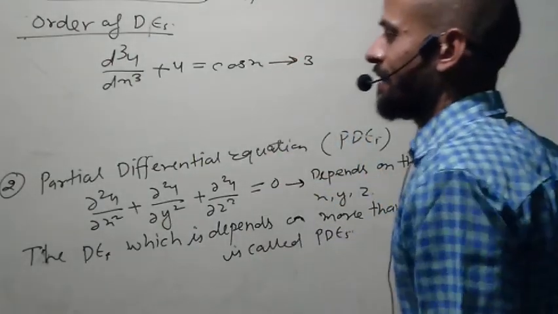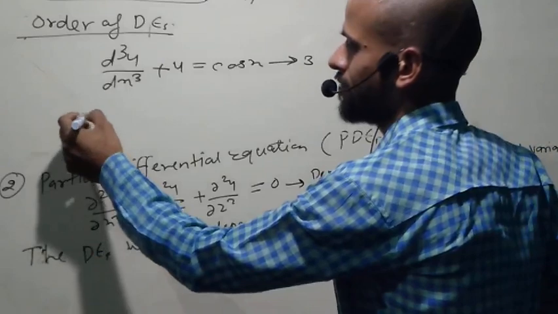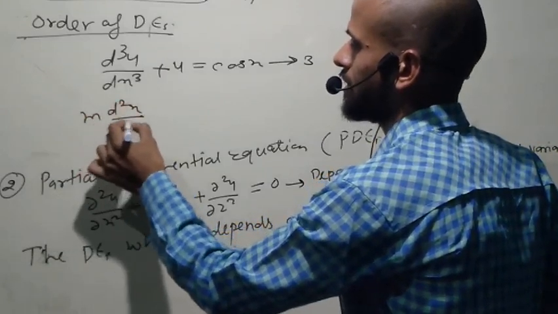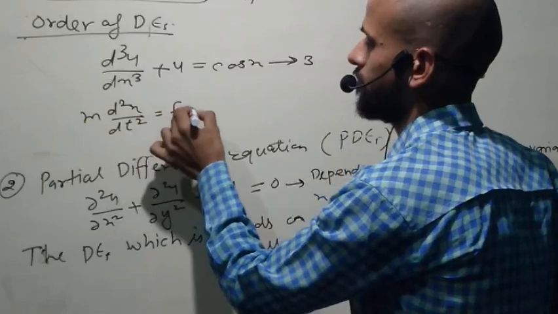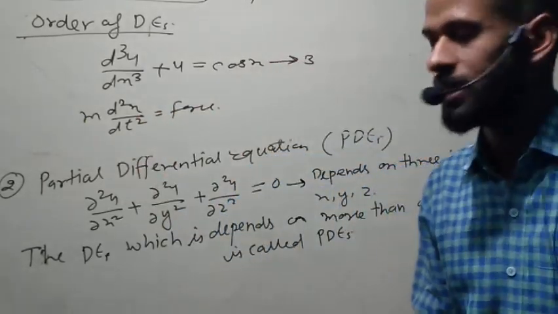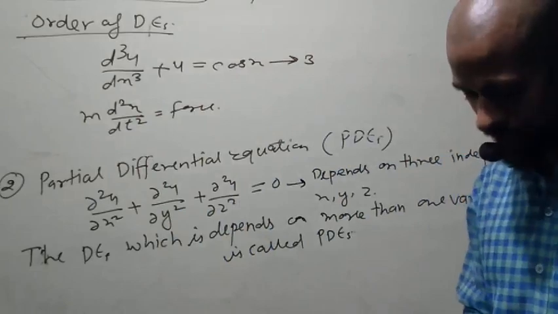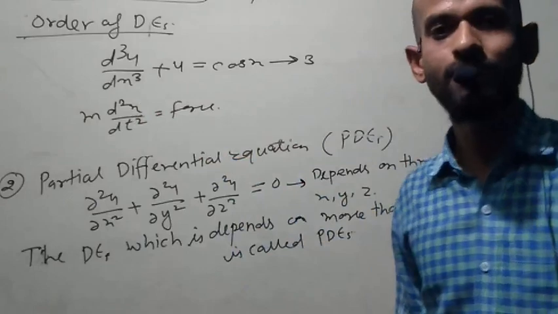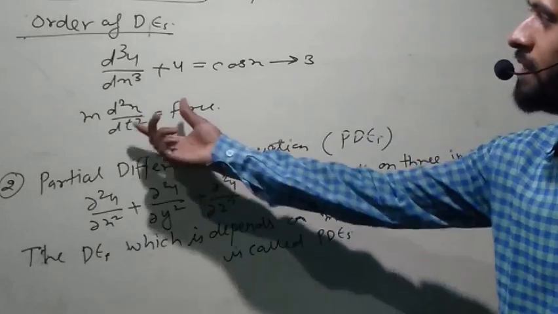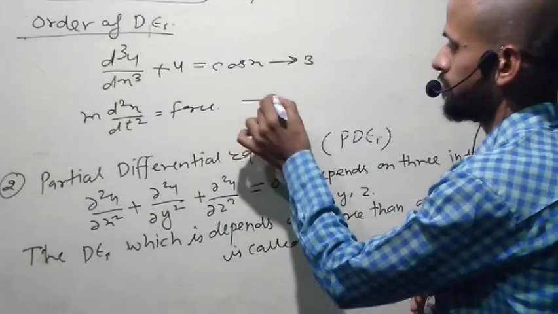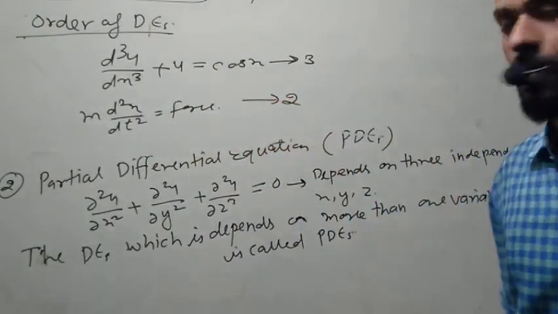Okay. Another example is Newton's law of motion: M d2x by dt square is equal to force. In this equation you see there is a second derivative of displacement, d2x. So this differential equation has order 2. Okay.